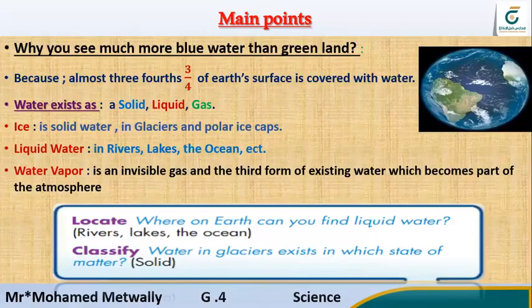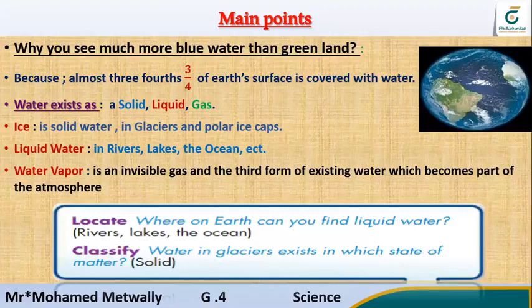Water vapor is an invisible gas, the third form of water, which you can find in the atmosphere. When the sun heats the Earth's surface water, it turns into vapor. This vapor goes upward in the atmosphere.